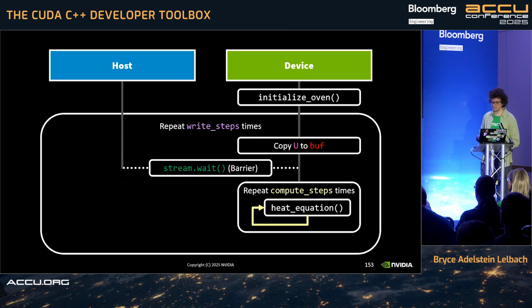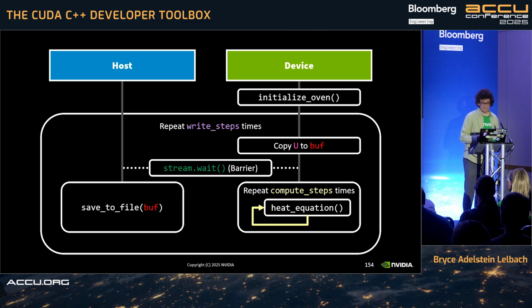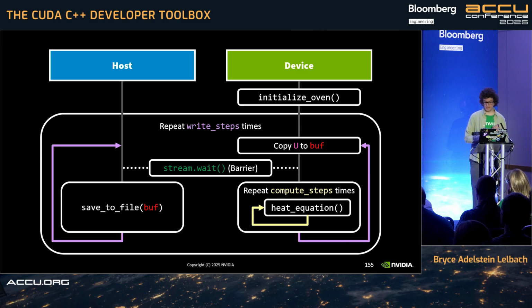Next, we asynchronously launch our heat equation solver compute steps on our stream. And then on the host, we start outputting the staging buffer at the same time as the heat equation solves are happening on the GPU. And then we repeat this for every iteration of the outer write loop.